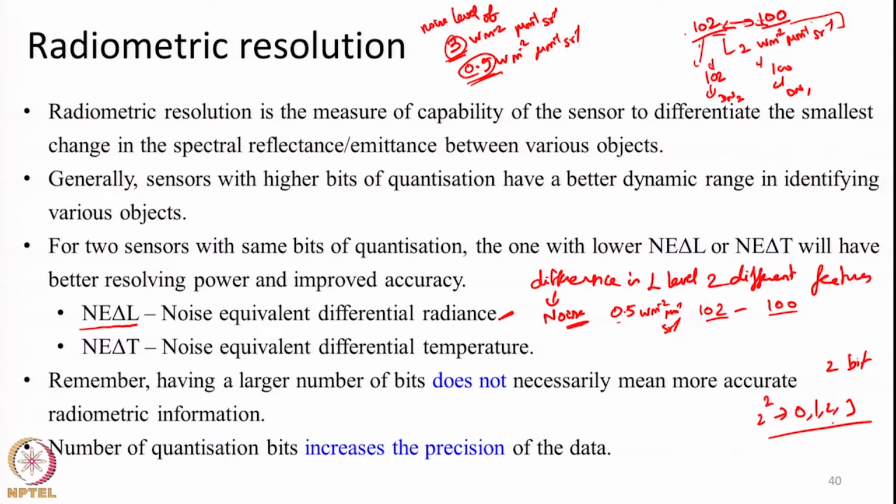2 power 2, 4 levels 0, 1, 2, 3, that is all I am going to use for my DN levels. If I use this kind of low gray levels, low number of quantization bits, there are high chances both of them will get the same DN values. The sensor has detected them as two different features, the noise of the system is pretty low.